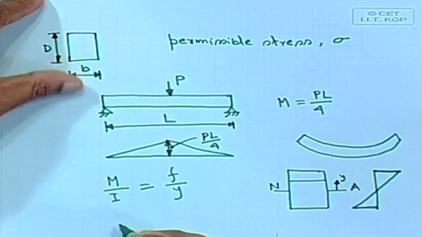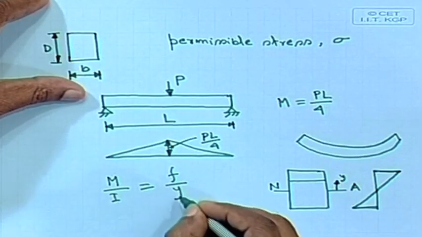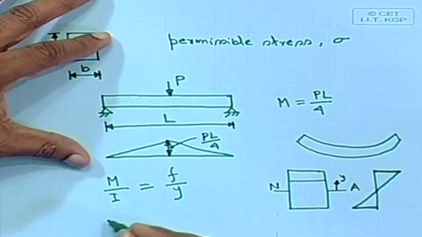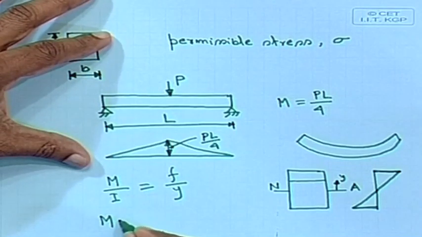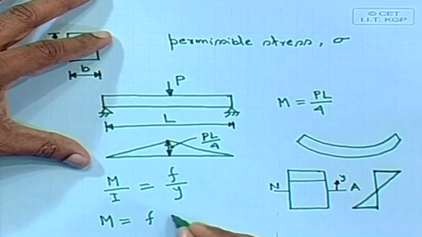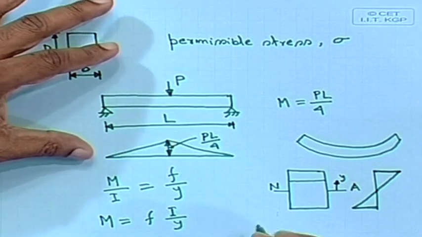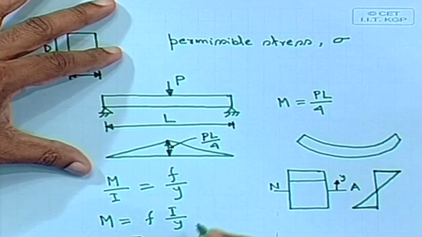So, now we shall consider this particular equation, M by I equal to F by Y. So, M will be equal to F times I by Y, and we shall get it here.